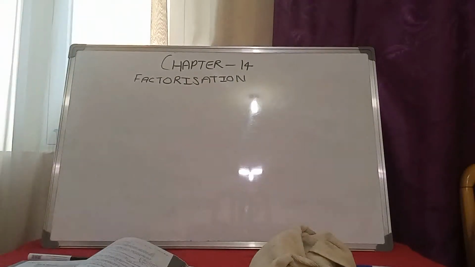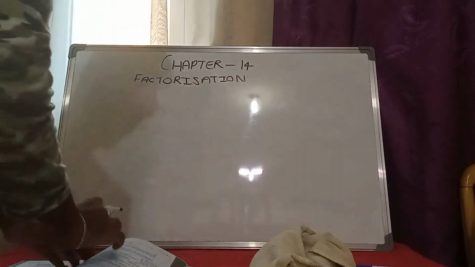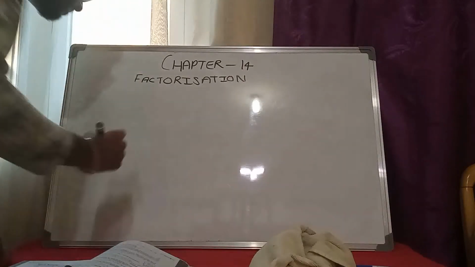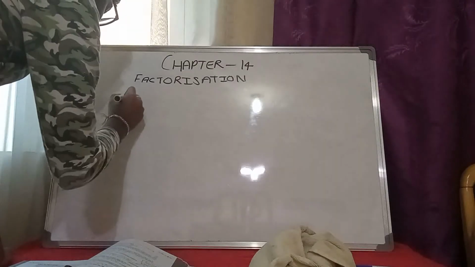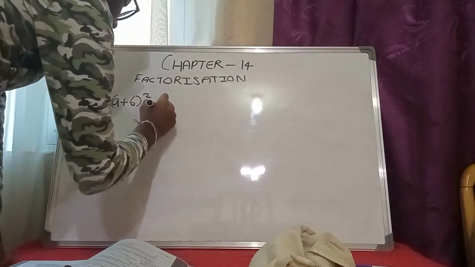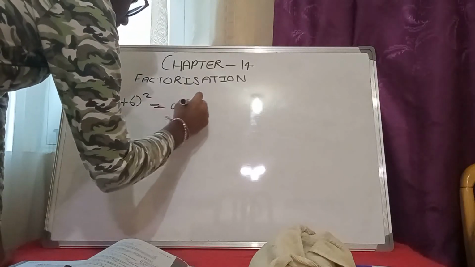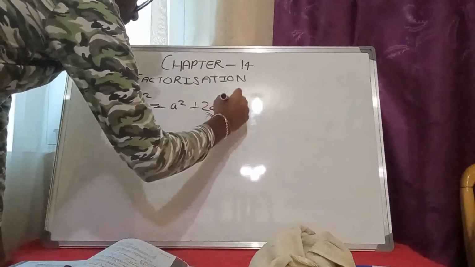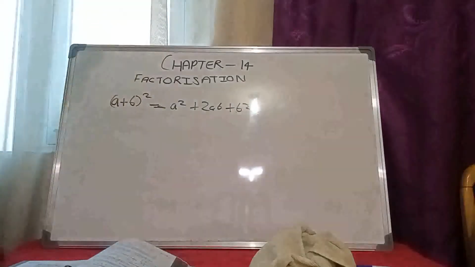So now we will learn factorization using identities. We know the four identities we have learned in the last chapter. So the first identity we know is a plus b the whole square equals a square plus 2ab plus b square. We know this formula.